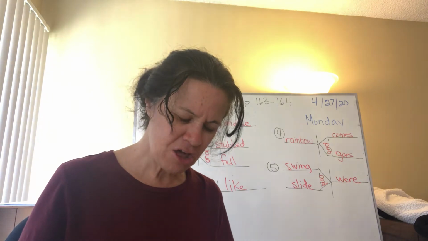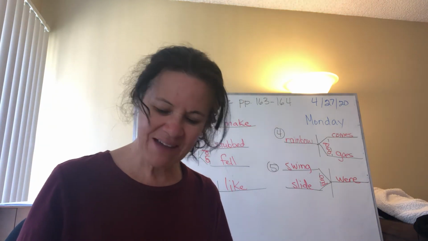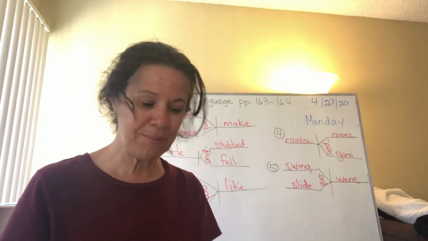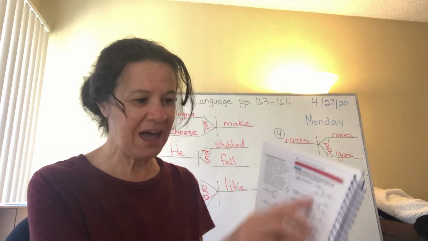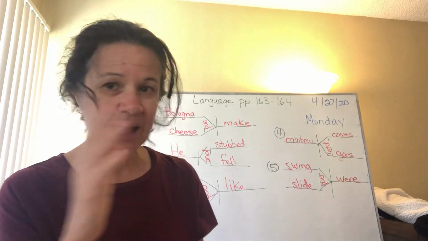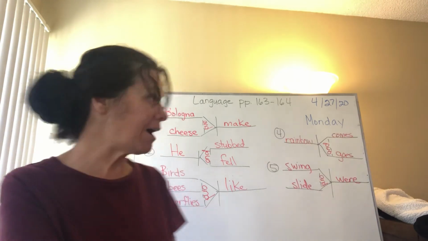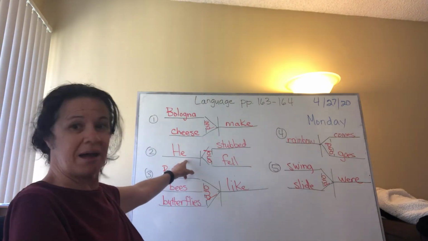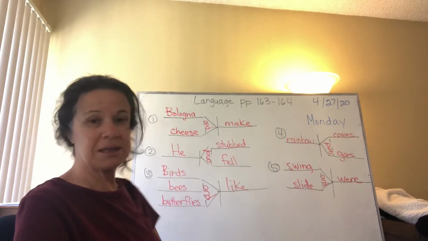So 1, 3, 5, 7, and 9. Every form that you need, type of form you see in Think A. Does it have 2 subjects and 1 verb? Then it's going to be a diagram like this one. 2 subjects, 1 verb. Does it have 1 subject, 2 verbs? Then you're going to set it up like that.